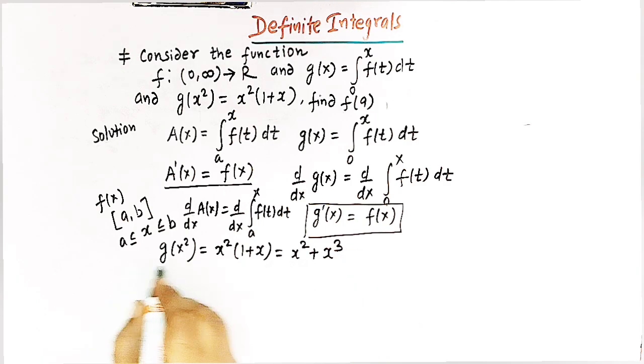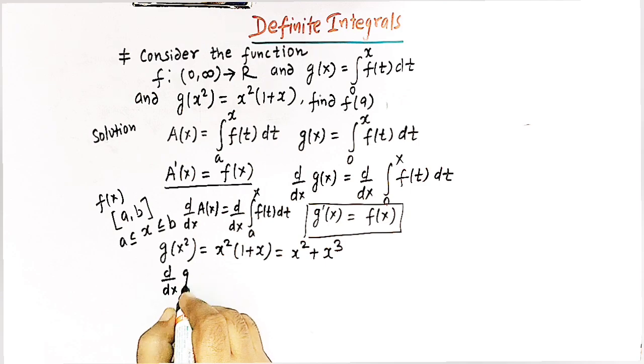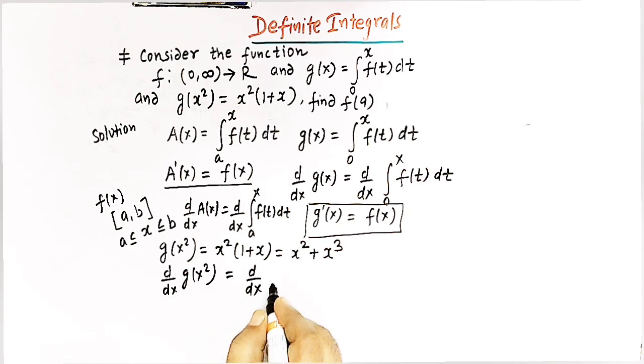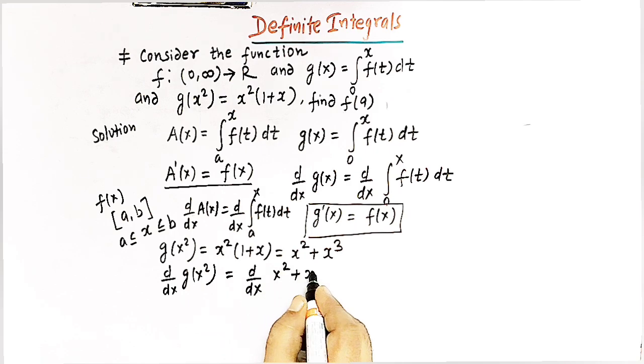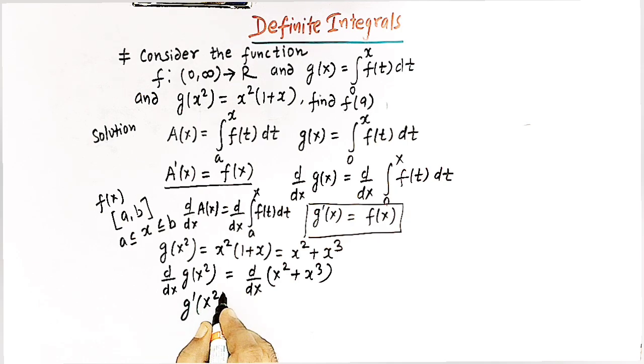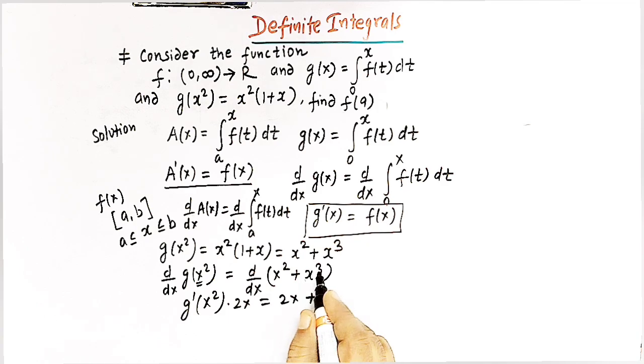So now differentiating both sides with respect to x, we have d by dx of g of x square, and here we have d by dx of x square plus x cube. The derivative of g of x square is, by chain rule, 2x g prime of x square, and here the derivative of x square is 2x, and the derivative of x cube is 3x square.